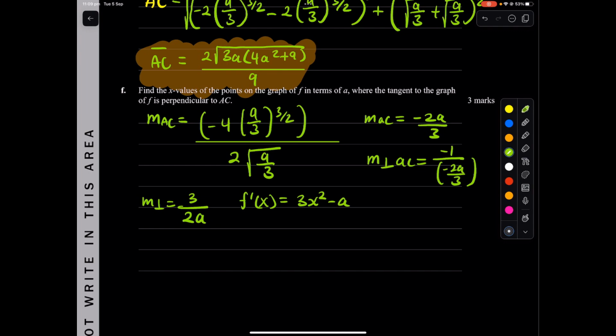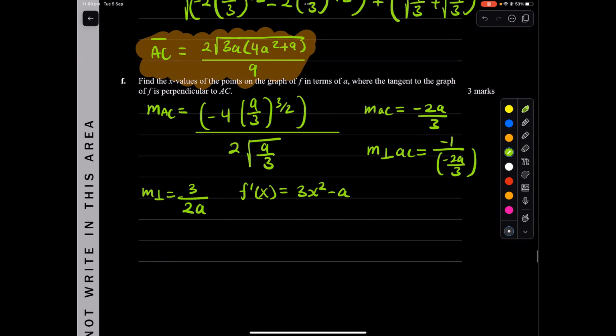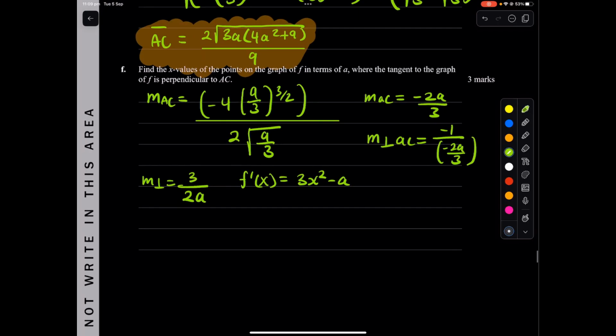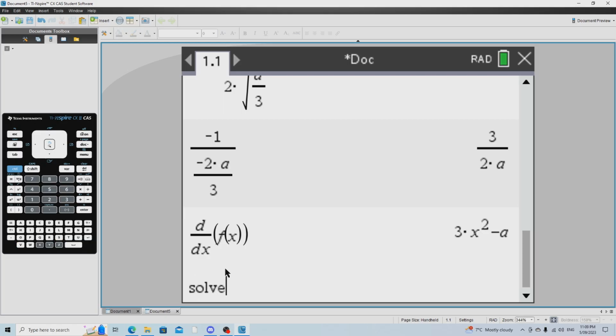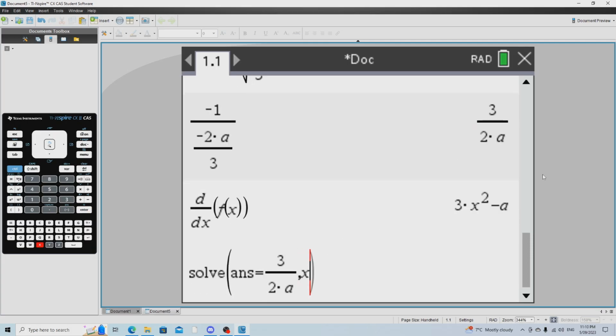And if we equate them both together, it'll be 3x squared minus a equals 3 over 2a. And we want to solve for x, because we want the x values.